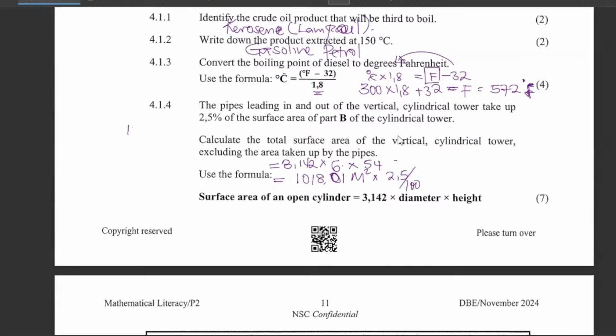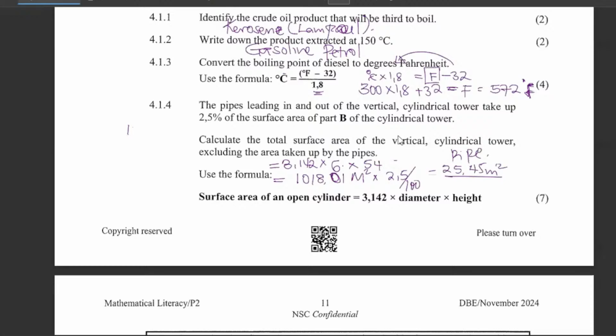I'm looking for the area of the pipes. We end up having the area of the pipes is 25.5 meters squared. So this is the pipe.